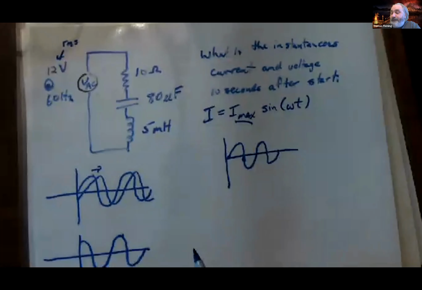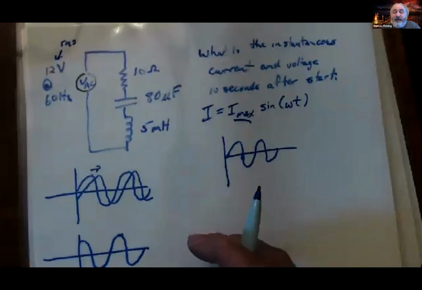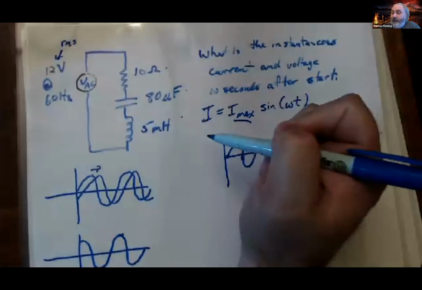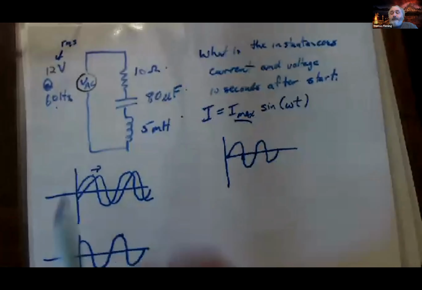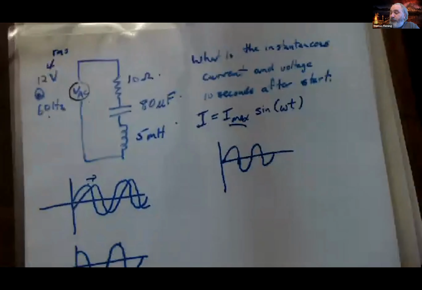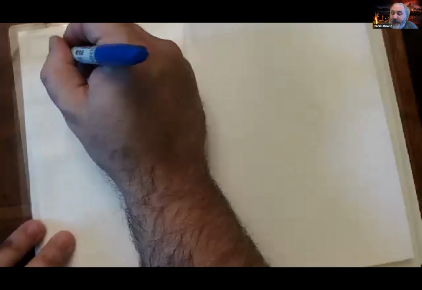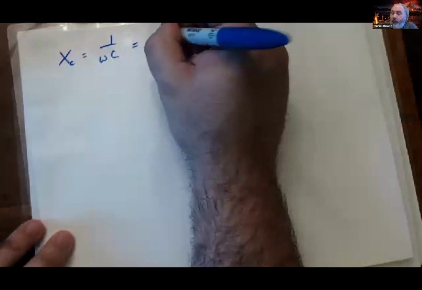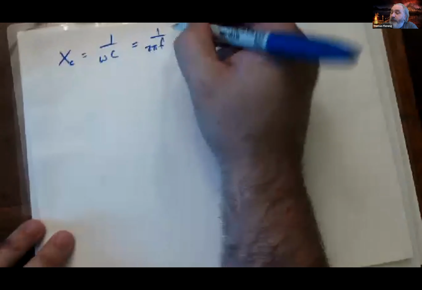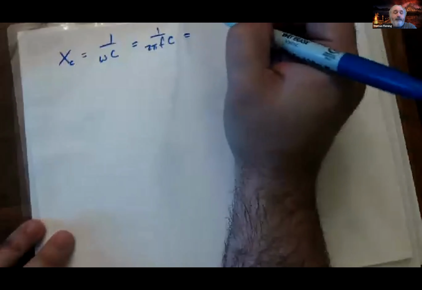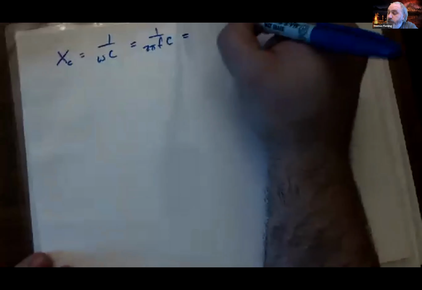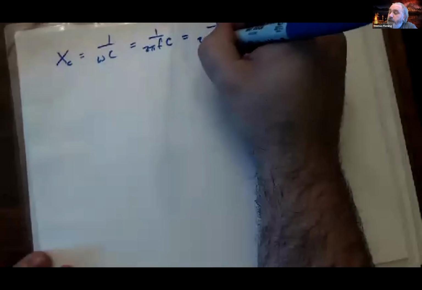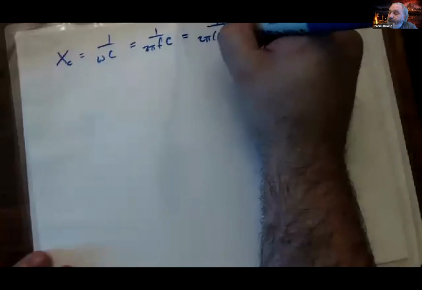So let's do that. Let's start off by finding the impedance of these 3 elements at that frequency. Well, first, I've got to find the capacitive reactance, X sub C. And I know that that's 1 over omega times C, or 1 over 2 pi f times C. And in this problem, the f was 60 hertz.